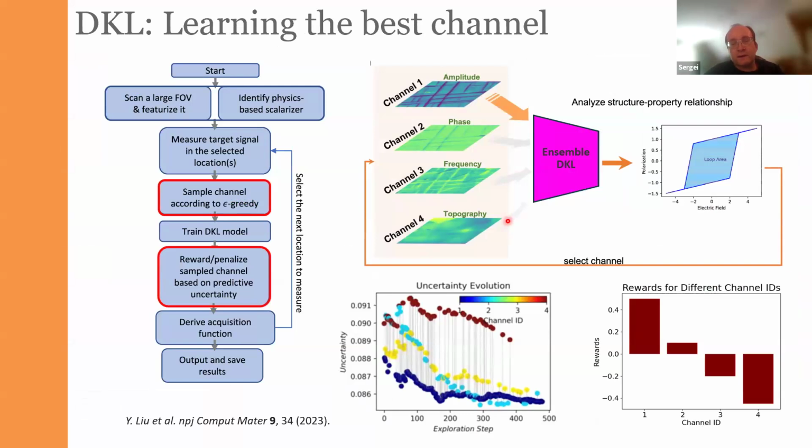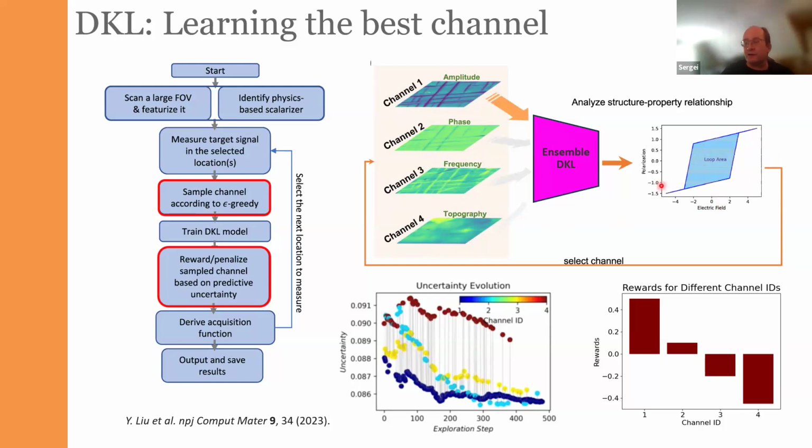Of course, the question that we need to solve is how do we choose the right channel to learn from? Because typically instruments are multimodal, so we have more than one channel that we want to explore. For example, in the piezo response measurements, our channels are amplitude, phase, frequency, and topography. Which of those provides the better prediction of the property?